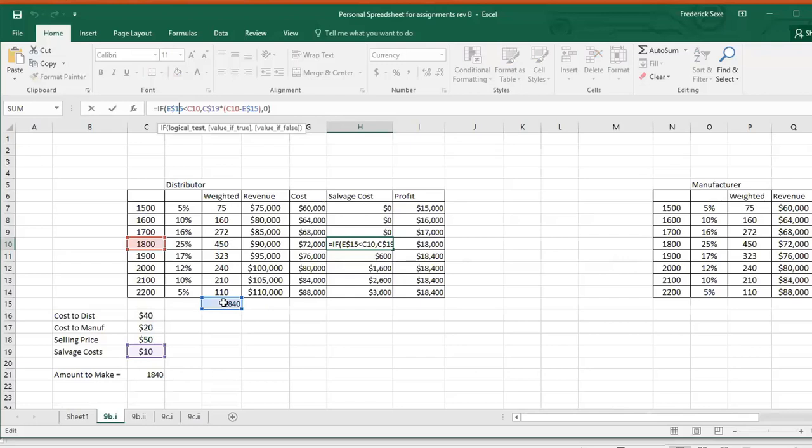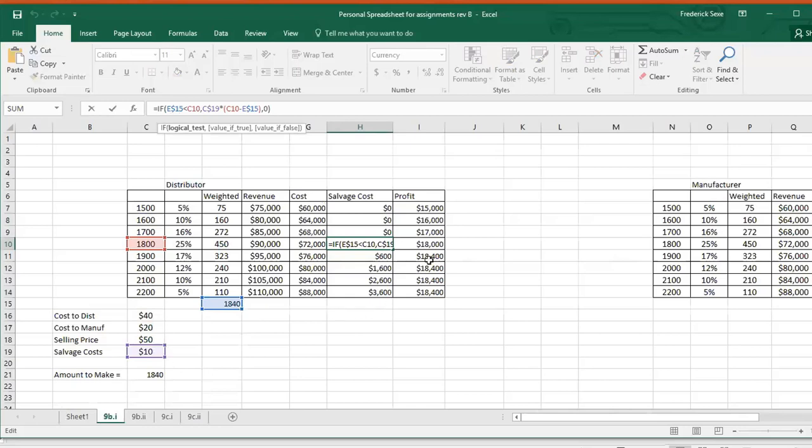So anything below 1,840, we don't calculate salvage costs. Anything above 1,840 or 1,900, it's up to you. But if you do 1,900, you got to change this cell to 1,900. Just please remember that. So in this example, I'm just going to use 1,840. So anything above 1,840, they're going to have to pay a salvage cost of $10.